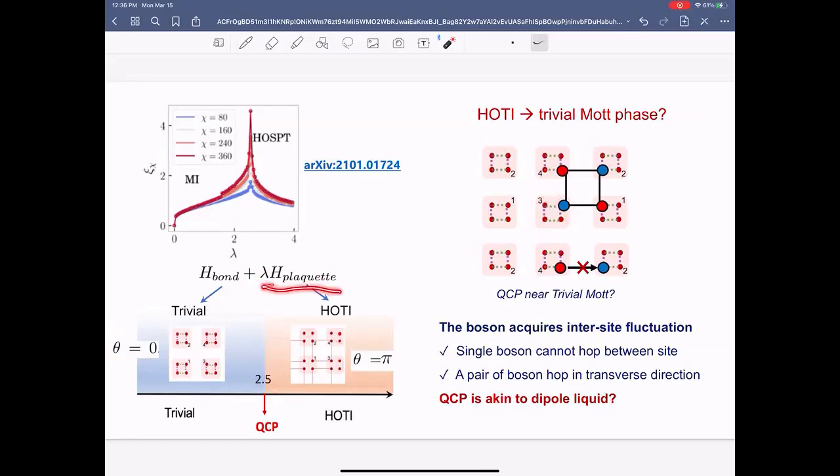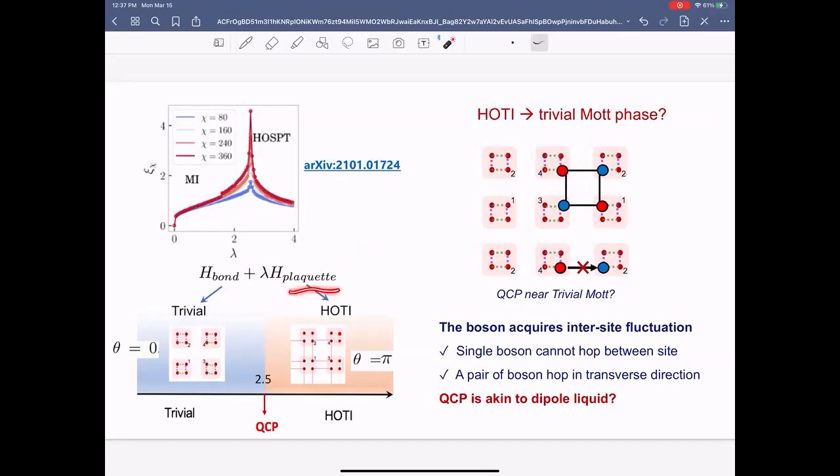However, once the plaquette interaction grows larger, then the spins, or say the magnons, have a tendency to fluctuate between sites. However, because we only have a ring exchange term due to subsystem symmetry constraint, a single magnon cannot hop between the sites, but two magnons, a particle hole pair, can fluctuate in the transverse direction.